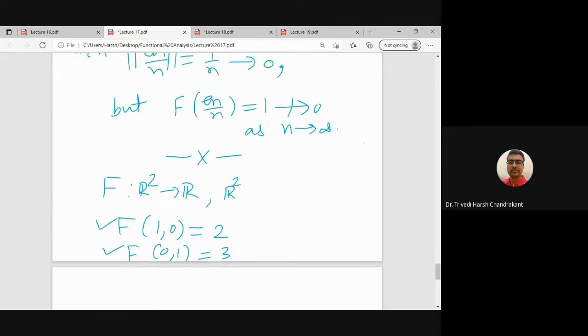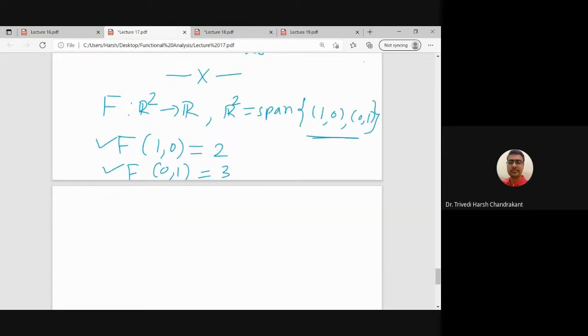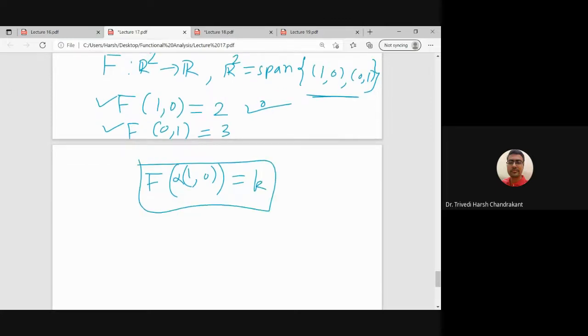R2 has a basis (1, 0) and (0, 1). Every element is a linear span of these basis elements. It is enough to define it on a basis element, and to define it on a basis element, it is enough to define it on any non-zero alpha times (1, 0). If you know this is k, then you can find f of (1, 0), because f is a linear function.